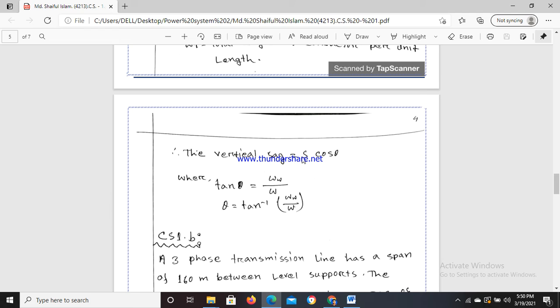The vertical sag equal to S cos theta, when tan theta equal to w_w by w. Theta equal to tan inverse w_w by w.